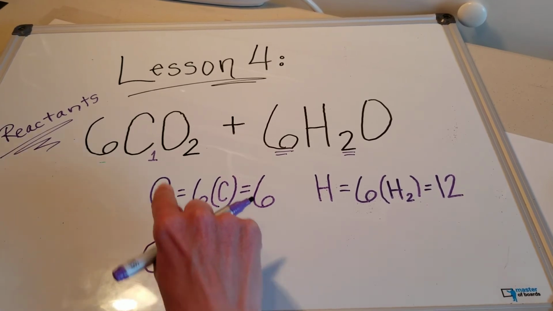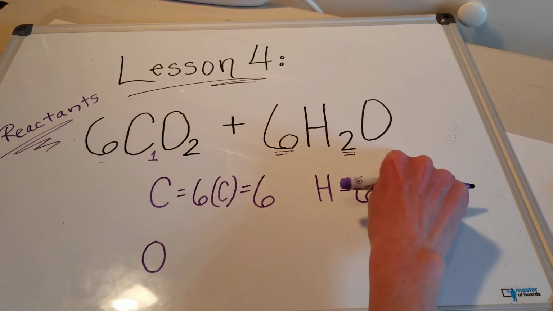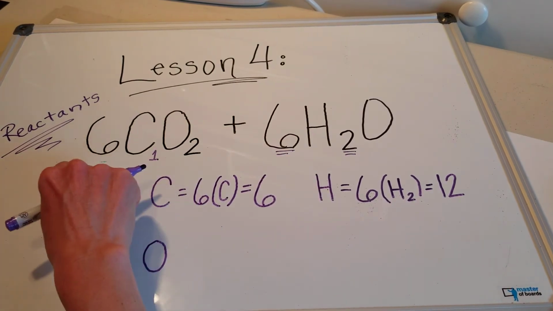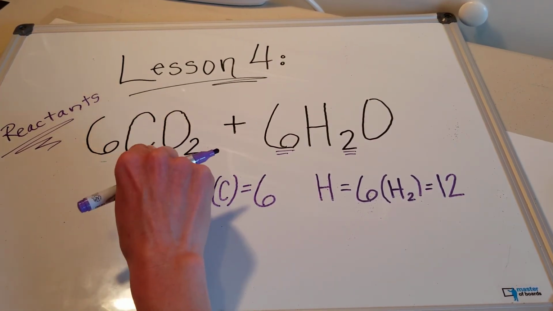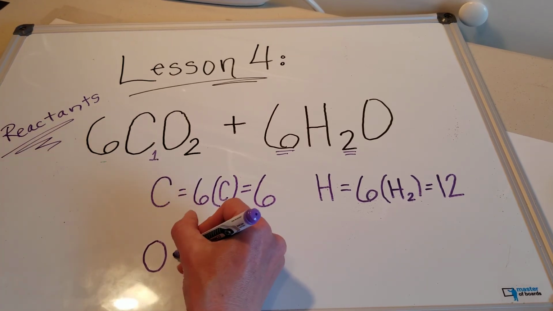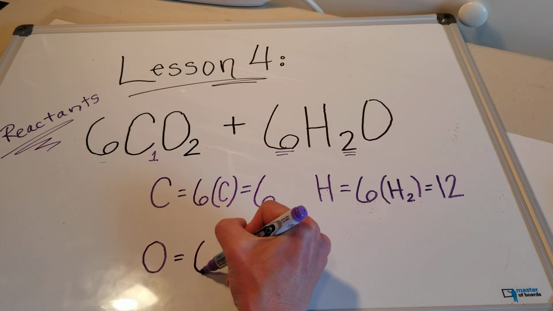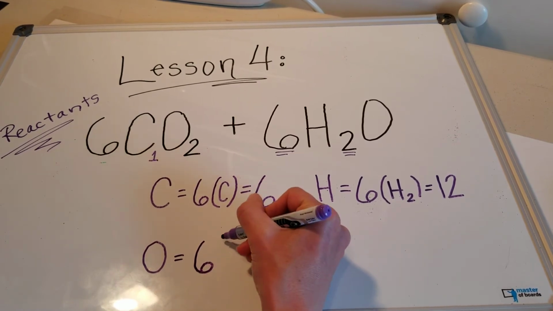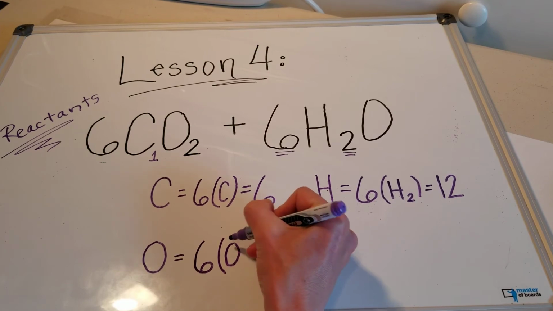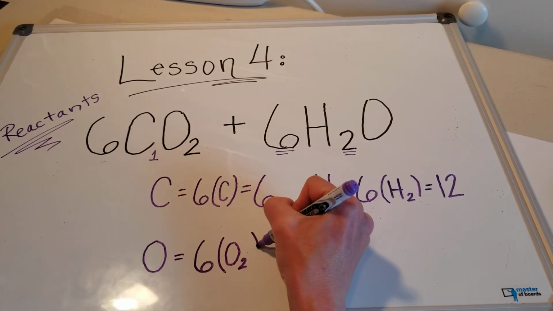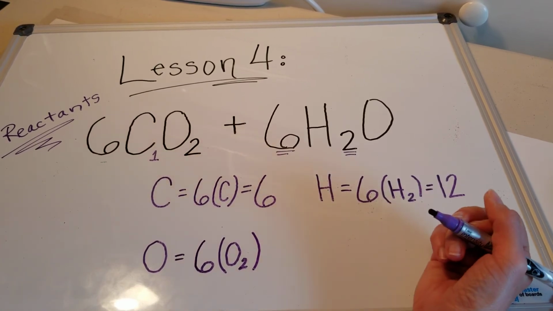Oxygen's a little bit tricky because we find it in 2 different molecules here. Over here, we've got CO2. We've got 6 CO2 molecules. So for writing it the way that I've been writing it, we're going to put our 6 first again. And I've got 6 of that oxygen molecule there. And what I'm going to do is write it just like a math problem.